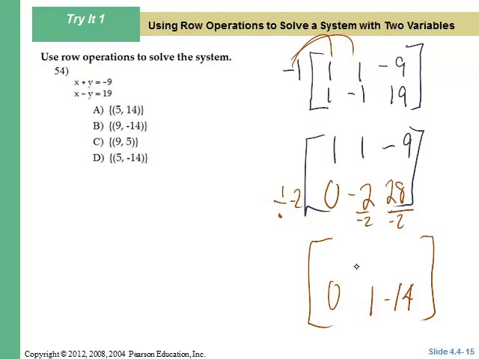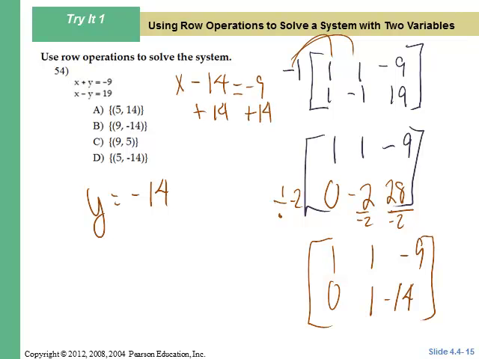Top row is 1, 1, negative 9. So y equals negative 14. Substitute that into the first equation. X minus 14 is negative 9.